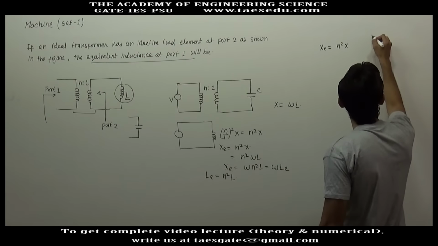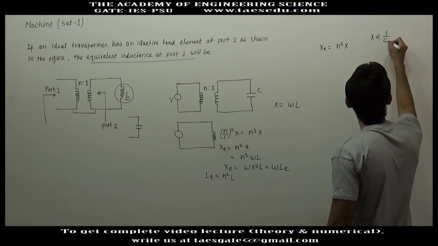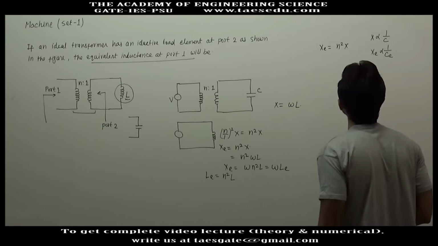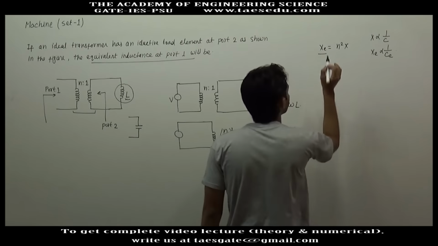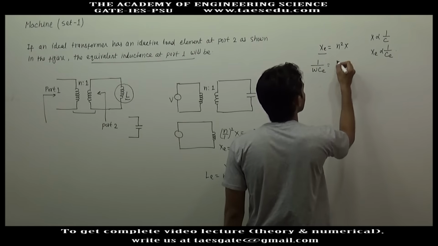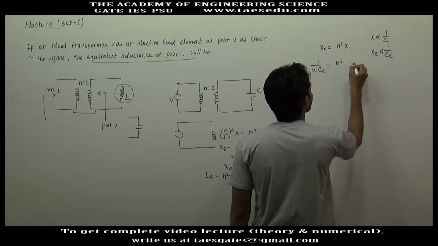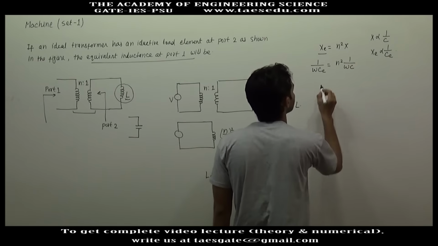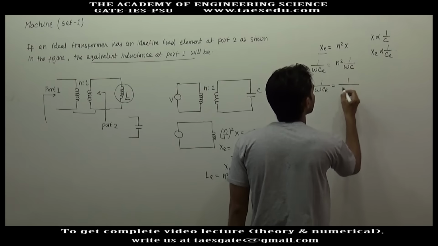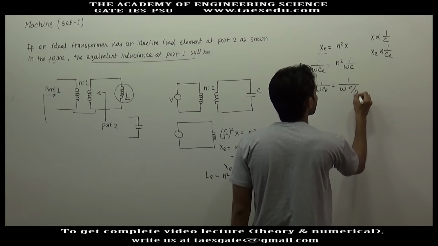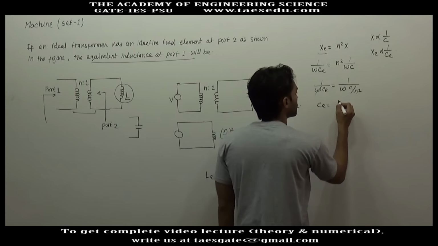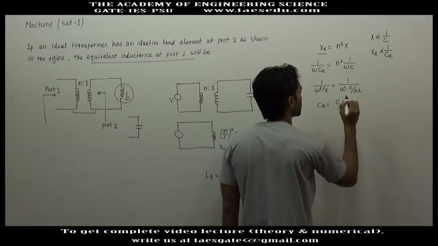But X is inversely proportional to C. X equivalent is also inversely proportional to C equivalent. X equivalent can be written as 1 by omega C equivalent. This will be n square into 1 by omega C. So 1 by omega C equivalent is n square by omega C. Omega is cancelled. C equivalent will be C by n square.